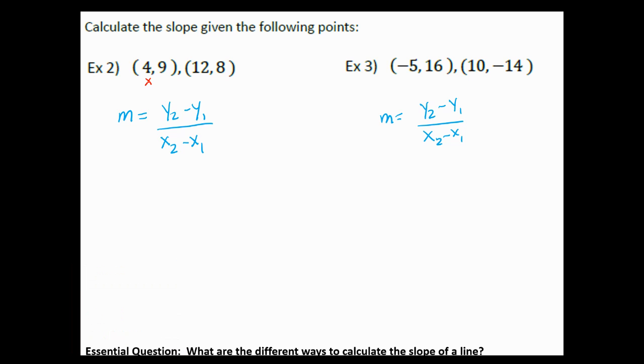And then you can label these x, y, set 1, set 2, right? Same over here, x, y, and this is set 1, and this is set 2. And then we're just going to use the formula.